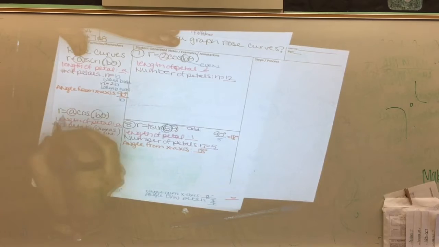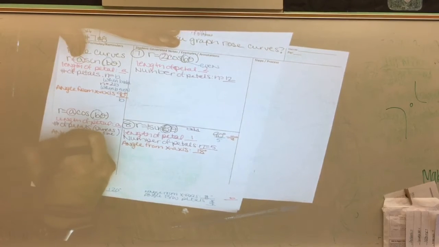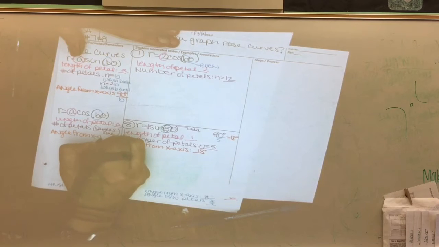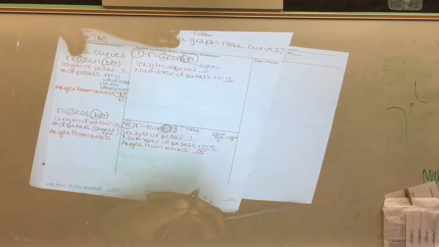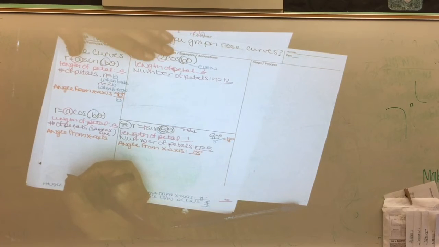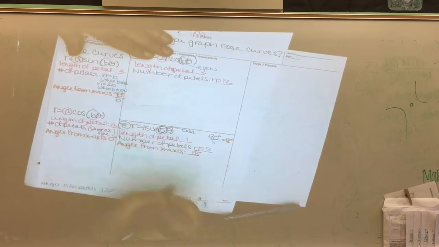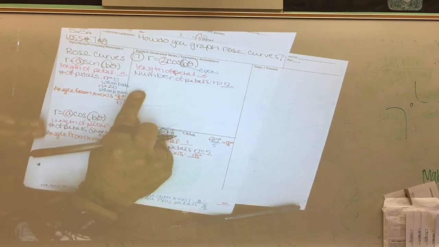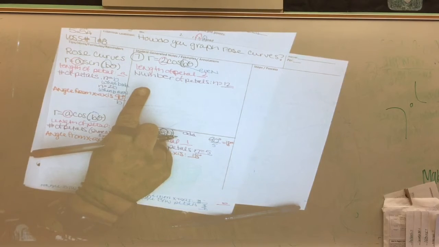Does anybody remember how to do this one? It is just 0, because it's 0 divided by B, and 0 divided by B will always be 0. Always. Okay.